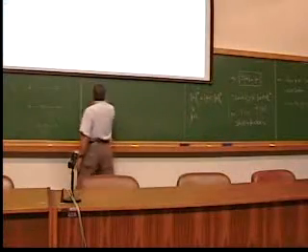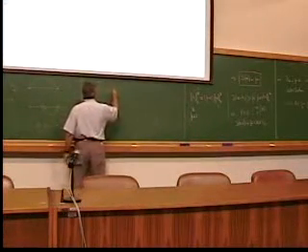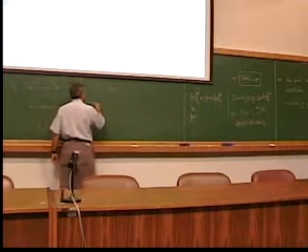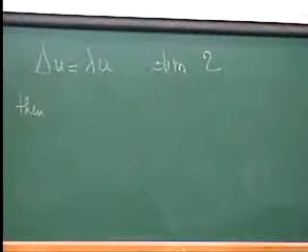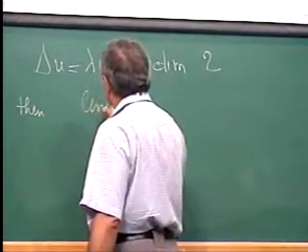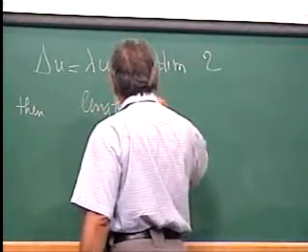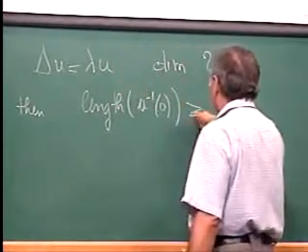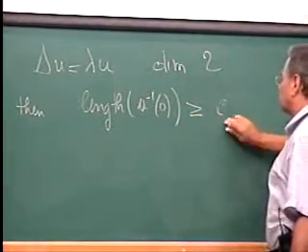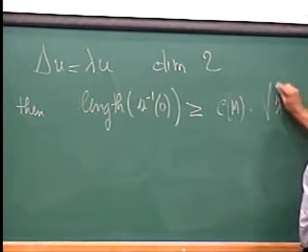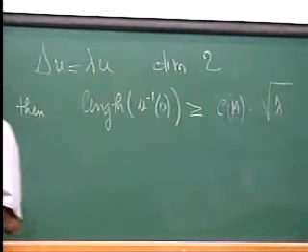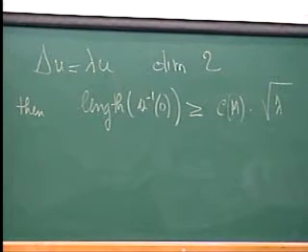If you have Laplacian u equals lambda u, in dimension 2, let's say a Riemannian surface, then the length of u to the minus 1 of 0 is bigger than or equal to some constant, which depends on the surface, times the square root of lambda. So this tells you that maybe there will be few nodal domains, but then the nodal set must be very complicated.